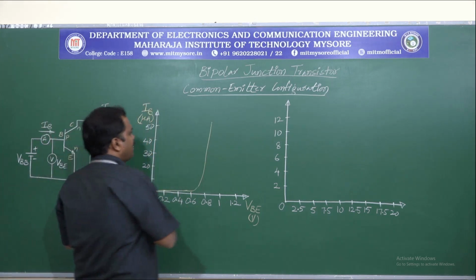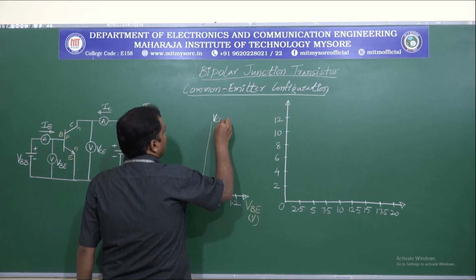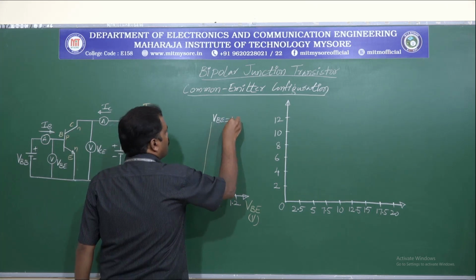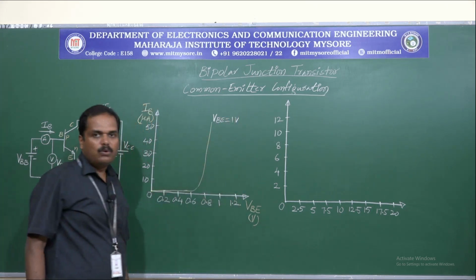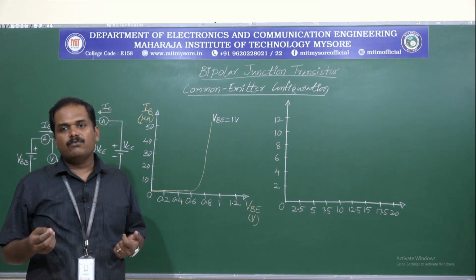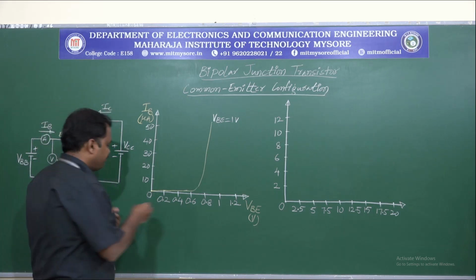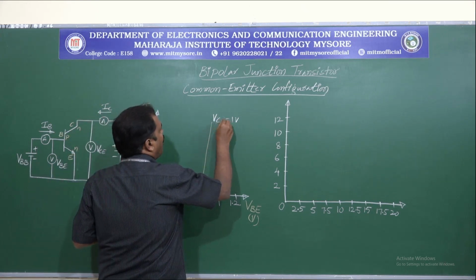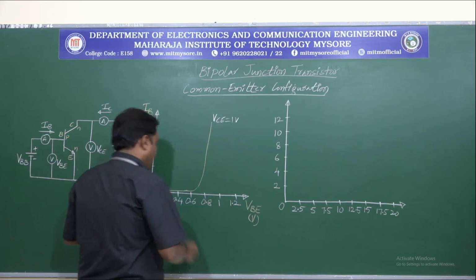So let us say we have set VBE to 1 volt. Now if I increase the level of... this is not VBE, this is the output voltage VCE.